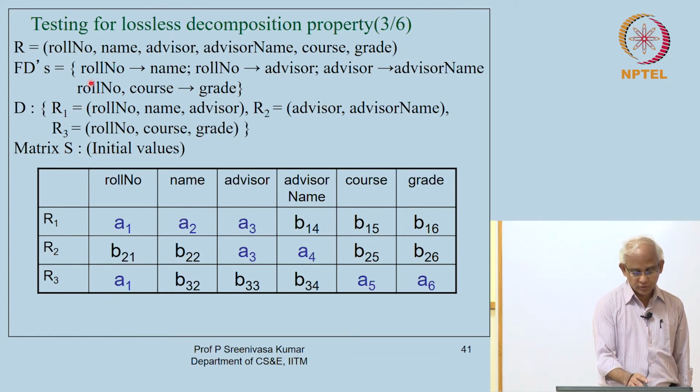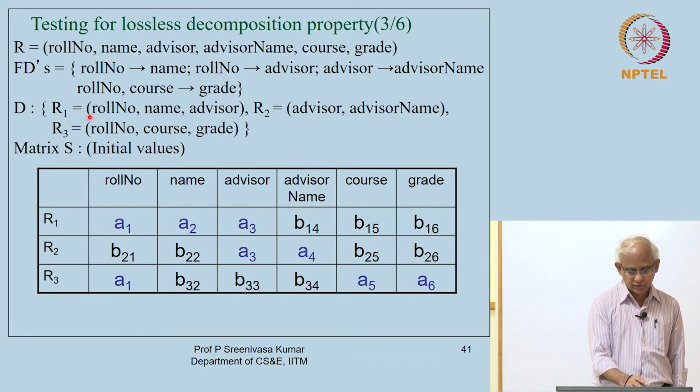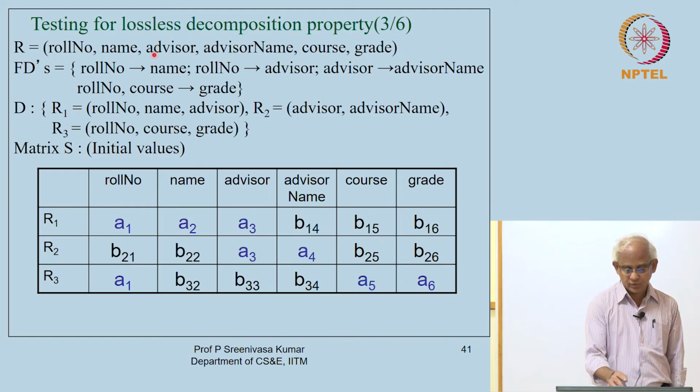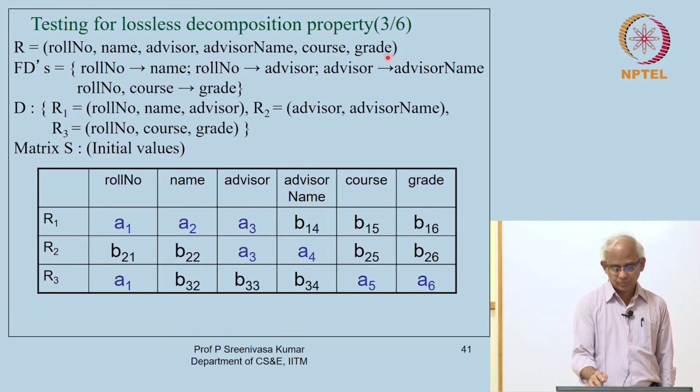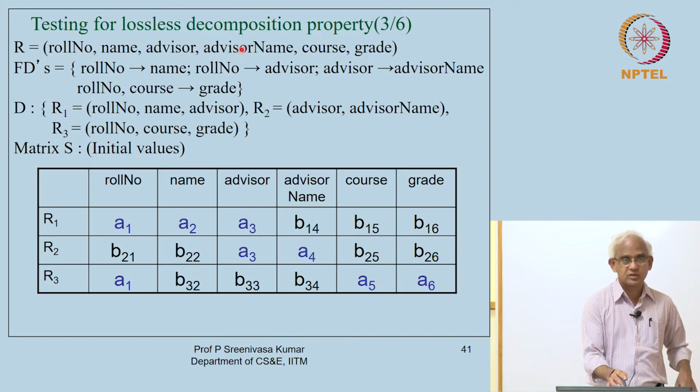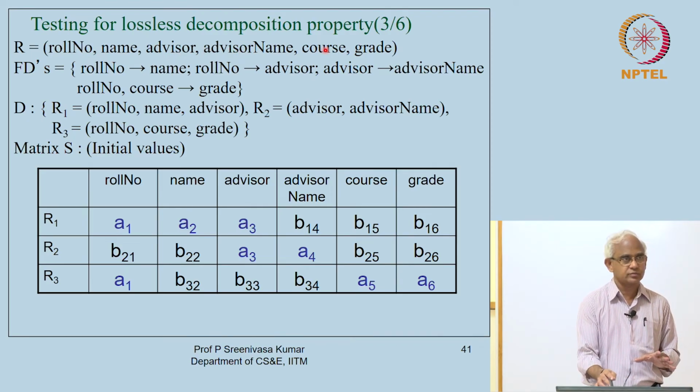Now we are going to do a decomposition like this: roll number, name, advisor; advisor, advisor name; and roll number, course and grade. See, the original relation has information about different aspects mixed up into one relation.